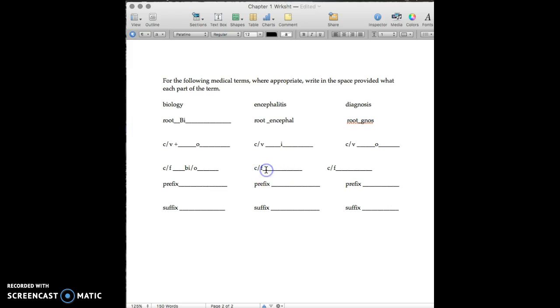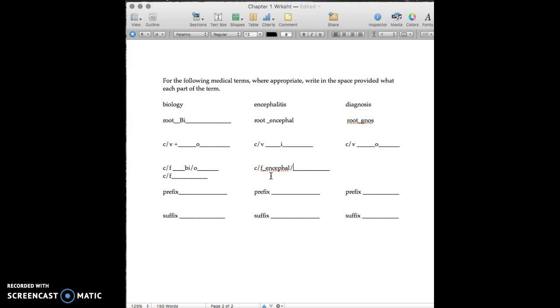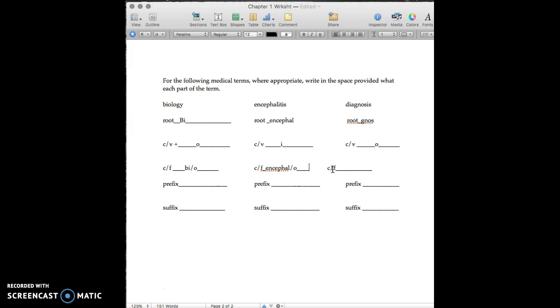Okay, so encephal, and combining forms are always just your old regular use of that O to make it easy. I would have taken an I here as well, either one, but your book will demonstrate to you that it's an O there.